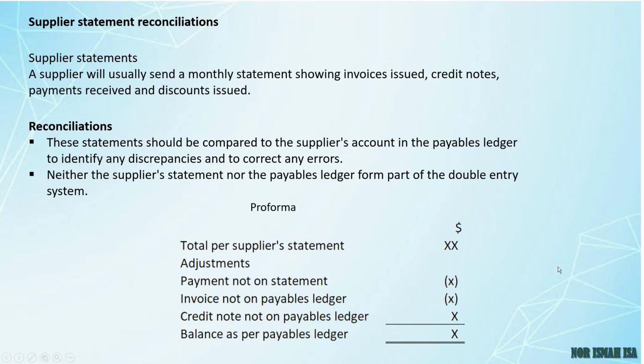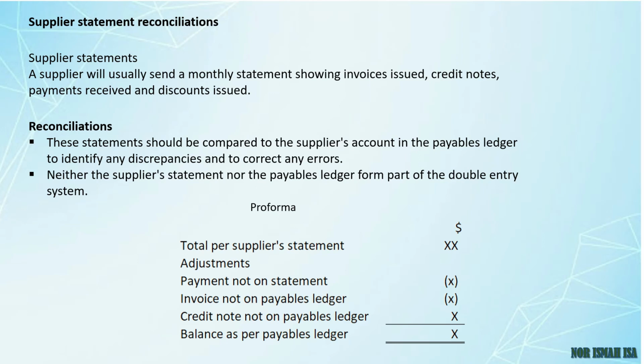So this is the pro forma, the format for the supplier statement reconciliation. We just take the total per supplier statement, or we can also take the balance of the supplier account in the payable ledger.